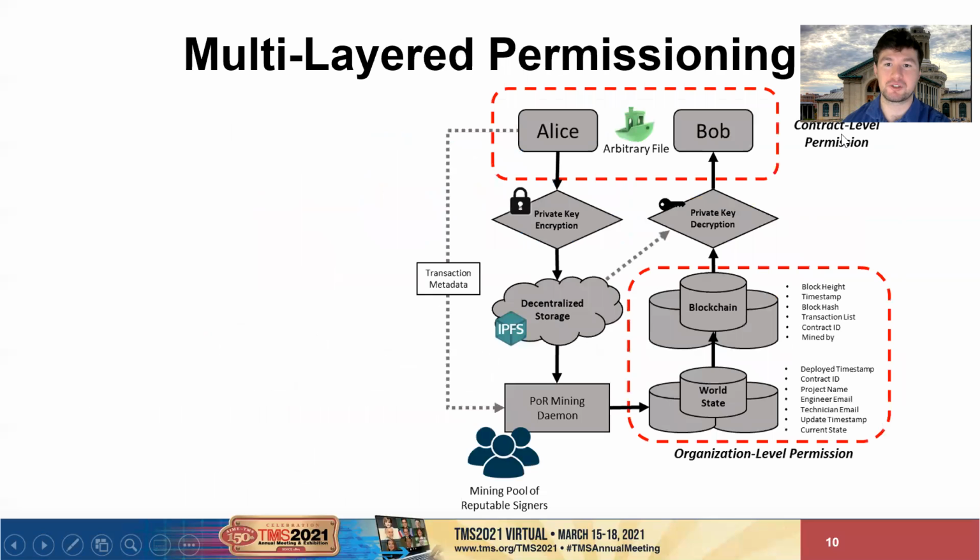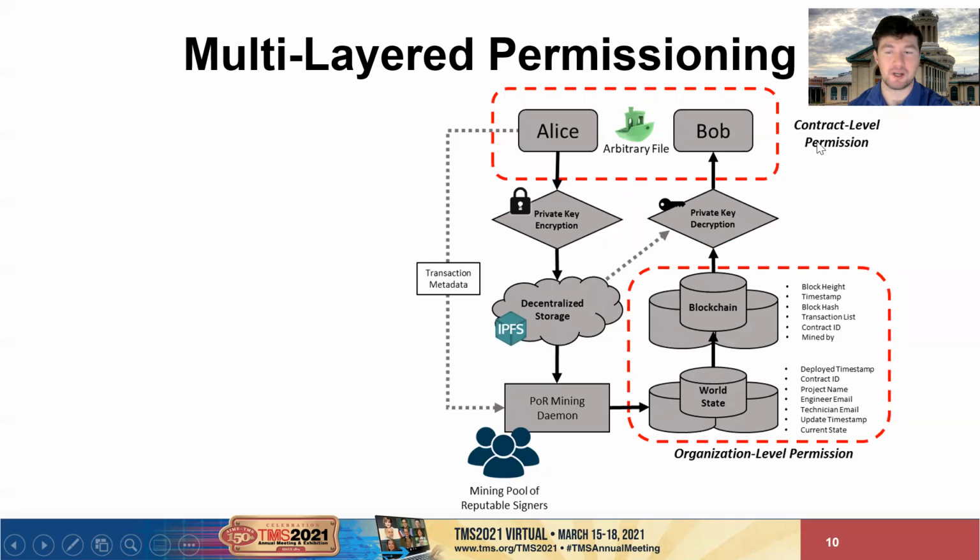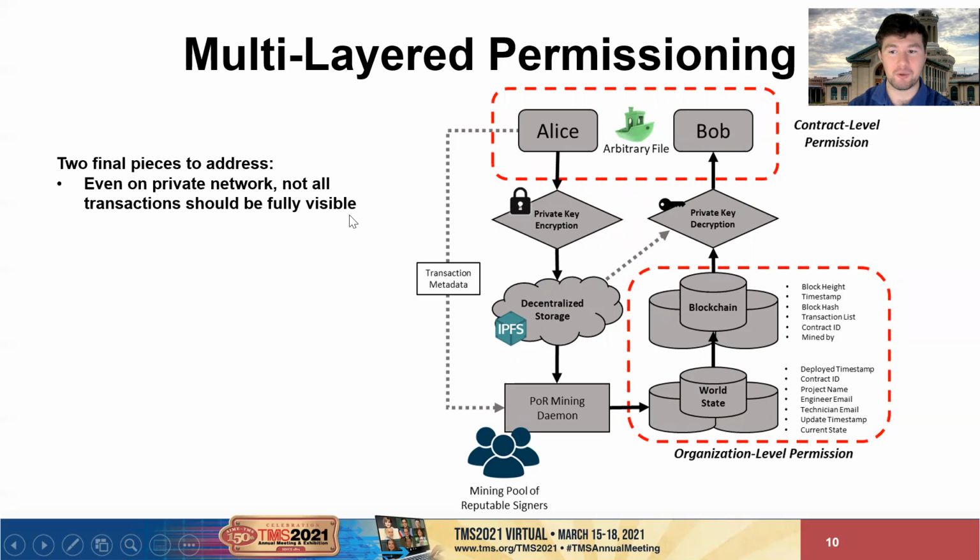I also want to introduce this multi-layered permissioning structure that I'm going to implement in this custom ledger. And the main idea here first is that, obviously, even on a private network, not all transactions should be fully visible to all participants. So if you think of Alice and Bob working on updating this CAD file, it doesn't necessarily make sense that Joe, who's in another group in another lab, also has access to those sensitive documents.